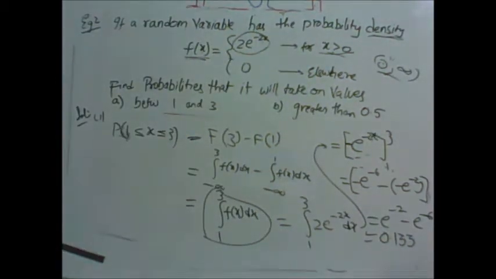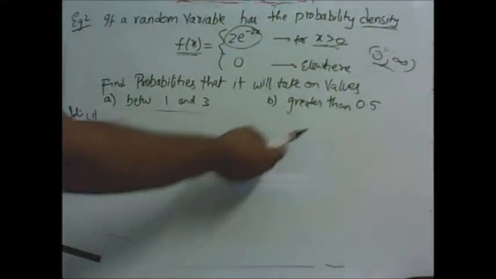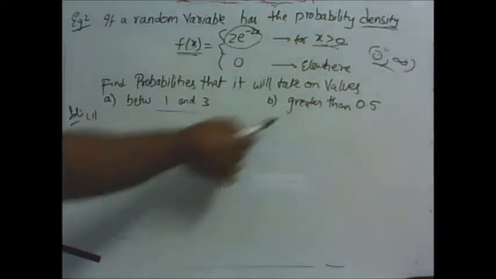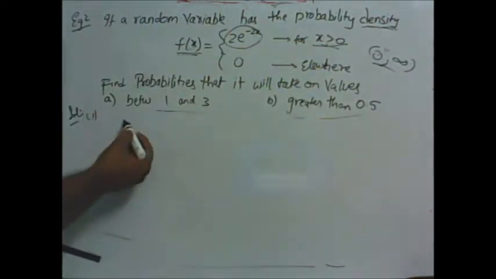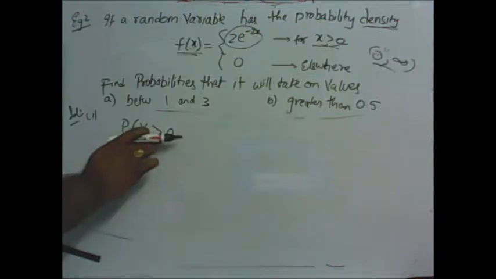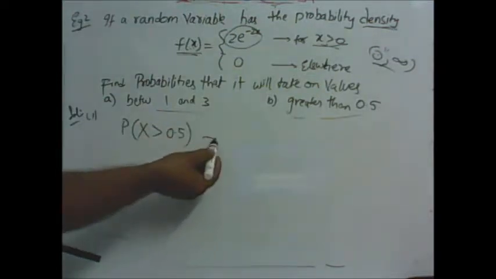Hope it is clear. Now coming to the second part of the question, he has asked for the probability of x taking values greater than 0.5. So P of x greater than 0.5.